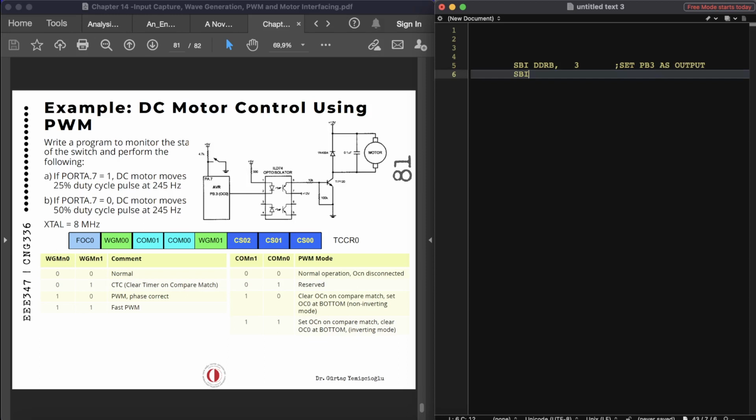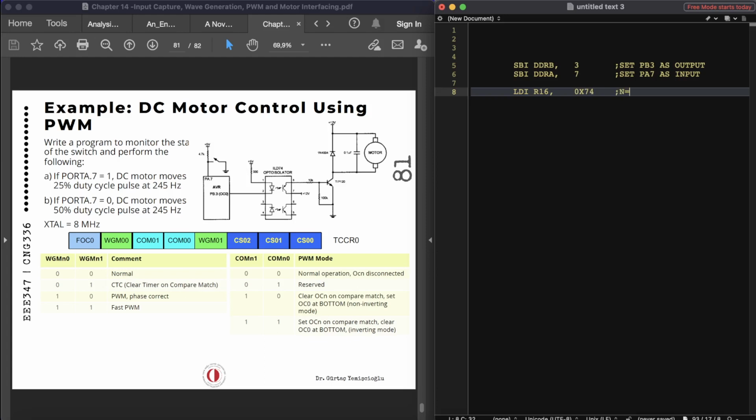Then port A to be an input, DDRA, which is port 7. So set PA7 as input. Then once we have set that one, we'll set the TCCR, so LDI R16. We have got the TCCR value as 0x74 based on our calculations.